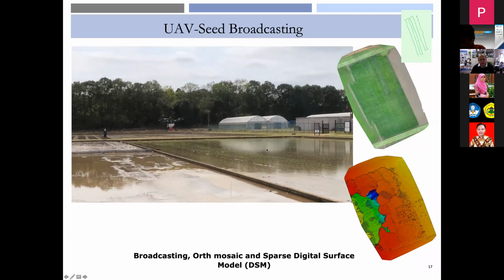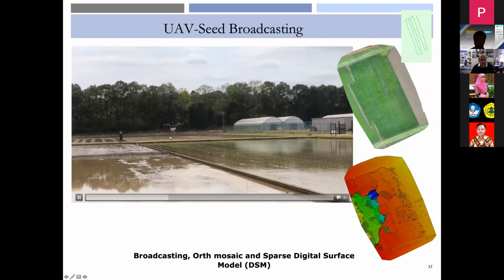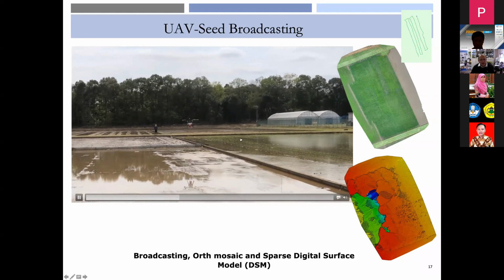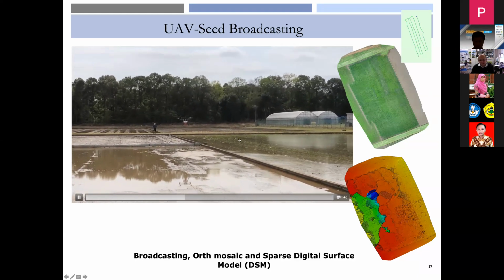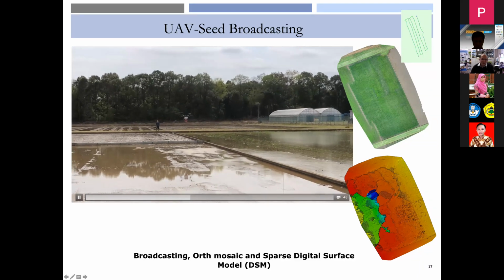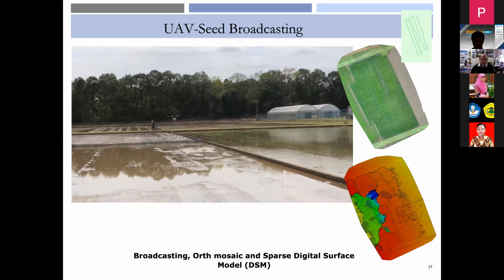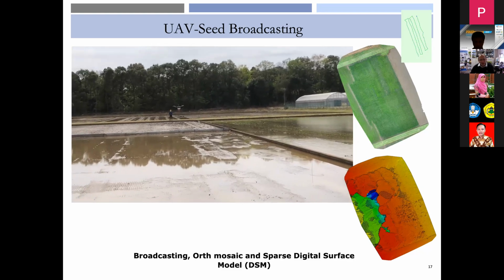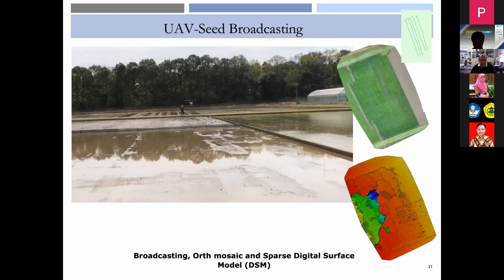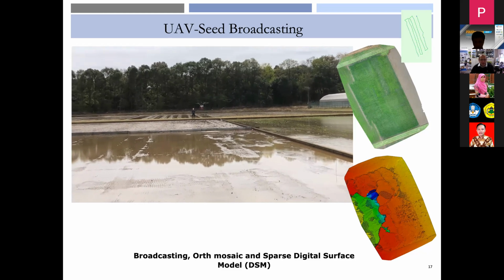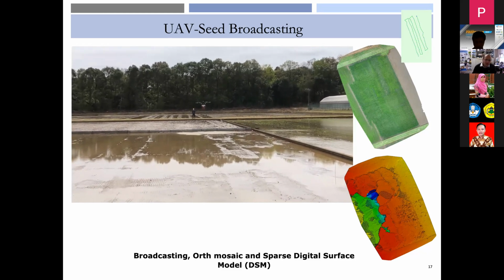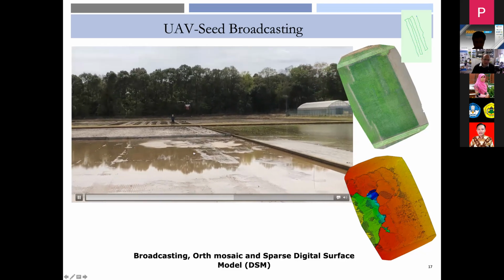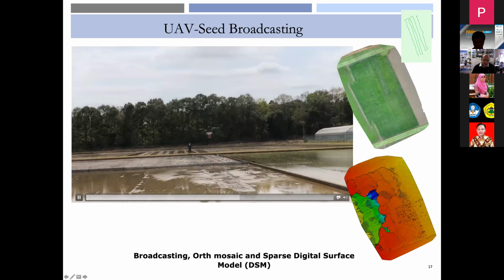I'm not sure about the resolution on the other side, but we usually use seed broadcasting. The whole field takes 5 to 6 minutes to broadcast the seed. Compared to a transplanter, it is definitely much cheaper. A transplanter may be 6, 7 or 8 times more expensive than a drone. So a drone can be used for seed broadcasting. It's quite simple and very easy.